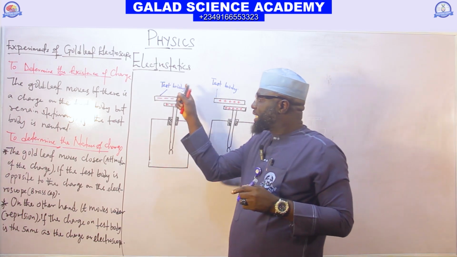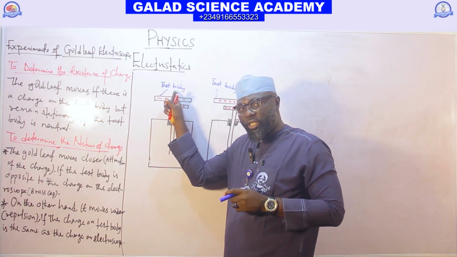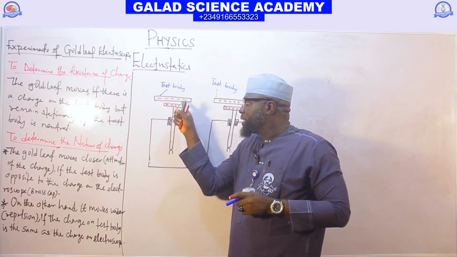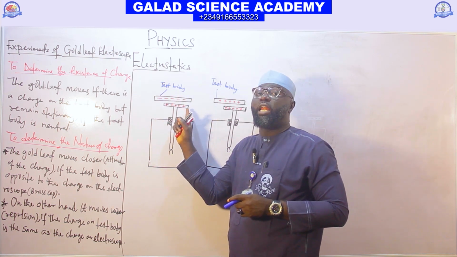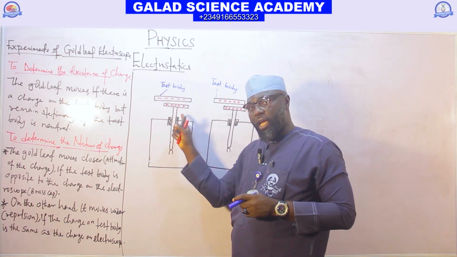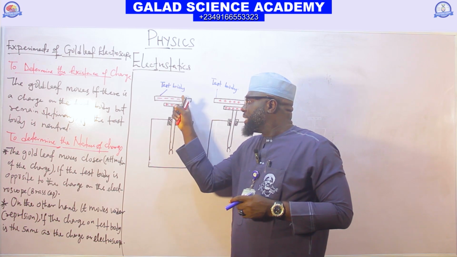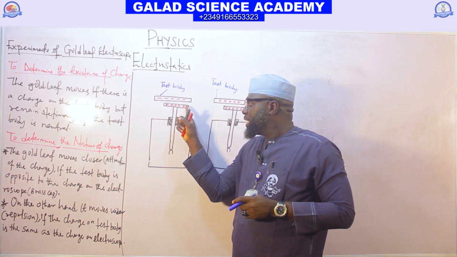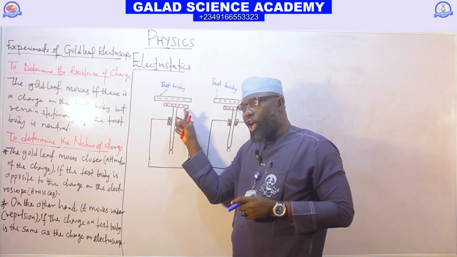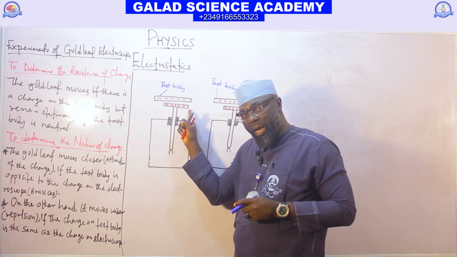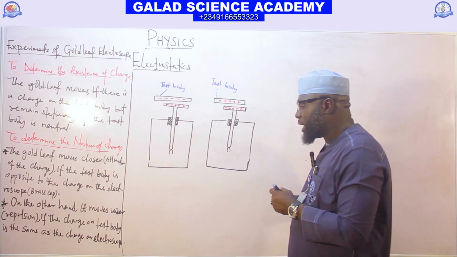Look at the charge we have on a test body. It is different from the charge we have on the electroscope. They are opposites. So when the charge in the test body is opposite of the charge in the electroscope, look at this leaf.